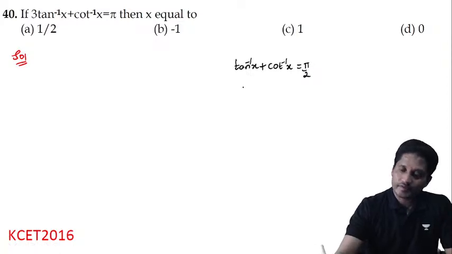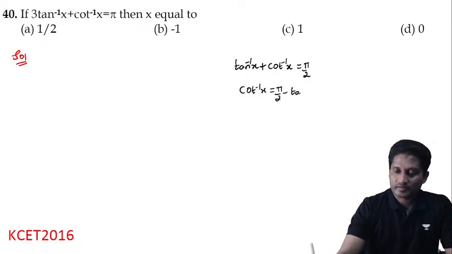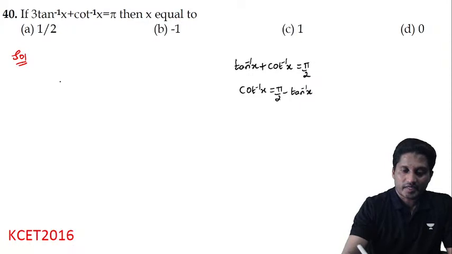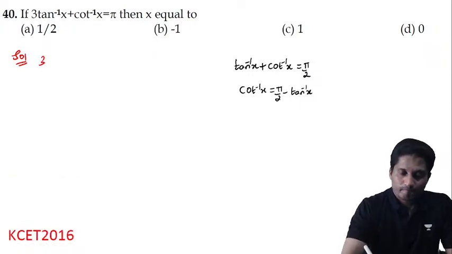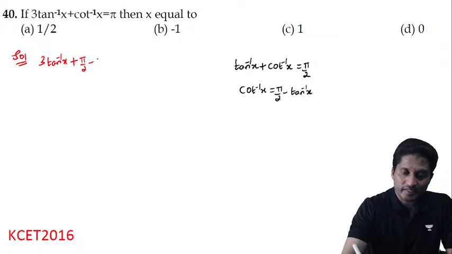From this, cot inverse of x can be written as pi by 2 minus tan inverse of x. Right, so this is 3 tan inverse of x. Question is 3 tan inverse of x plus cot inverse of x can be written as pi by 2 minus tan inverse of x. That's equal to pi.